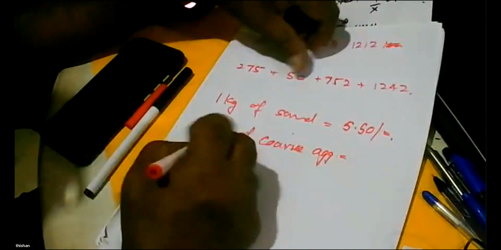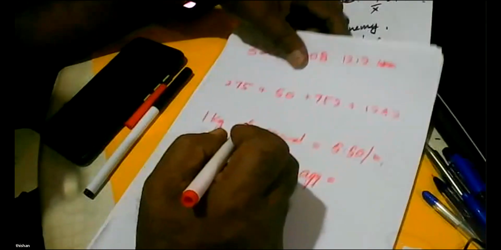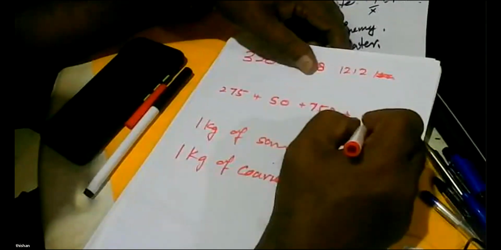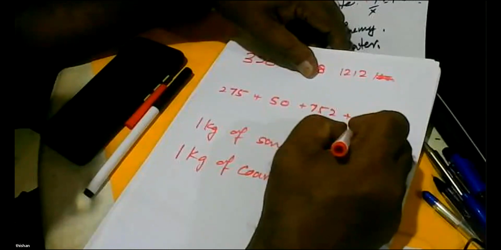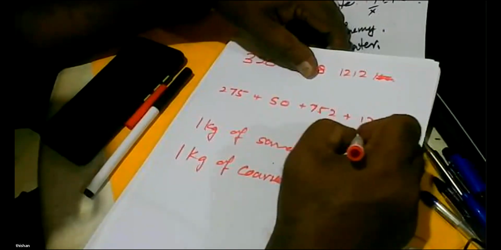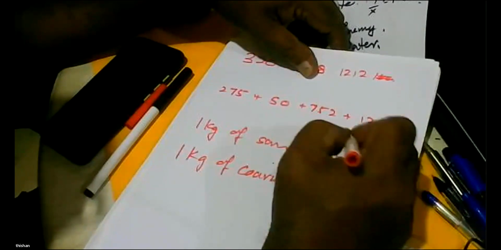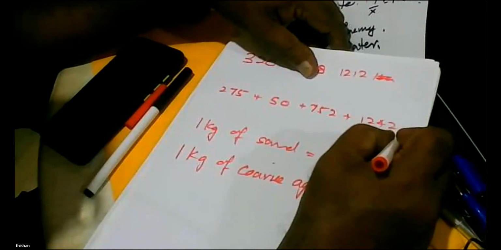So for the 1242, you might use, say, 600 of half inch and 642 of 3/4.